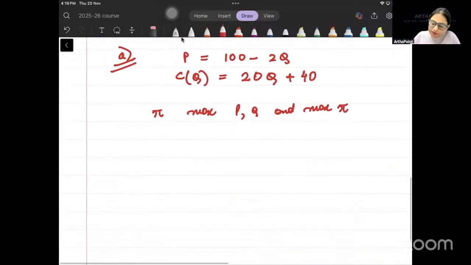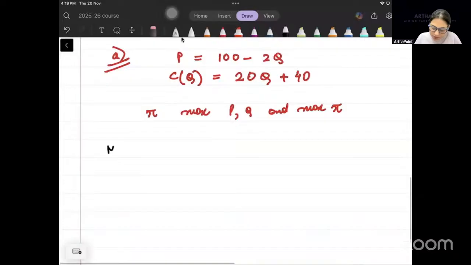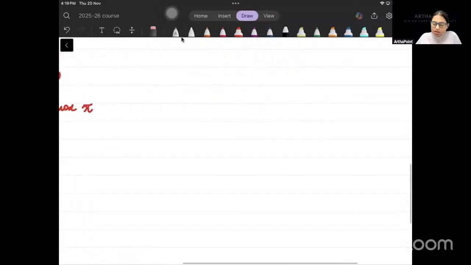So beta, first we will find MR. Very recently I saw this in the Telegram group. One of you were solving, but this is very common. Many of you make this mistake. Just listen to me very carefully before I do this question. Suppose you were given Q is equal to 100 minus 2P.